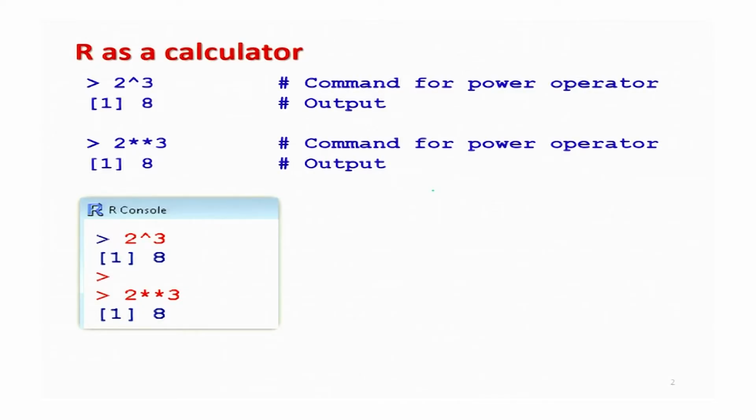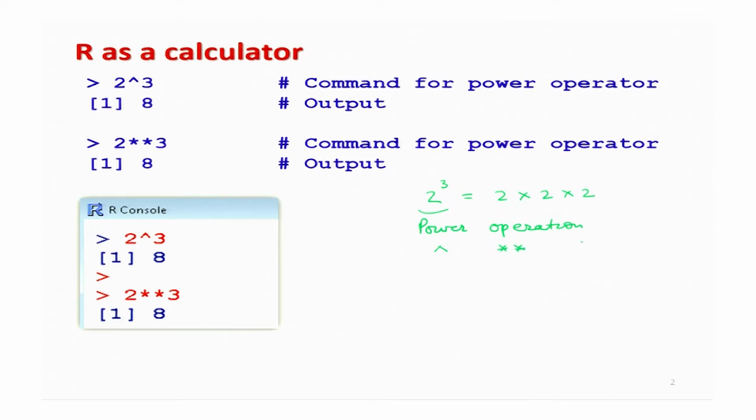Now you can see here that in case you want to compute an expression like 2 cube, meaning you are trying to multiply 2 three times, then how are you going to do it? In the R software there are two notations to indicate such a power operation. One is the hat, which is one of the keys on your keyboard, and the second option is 2 stars.